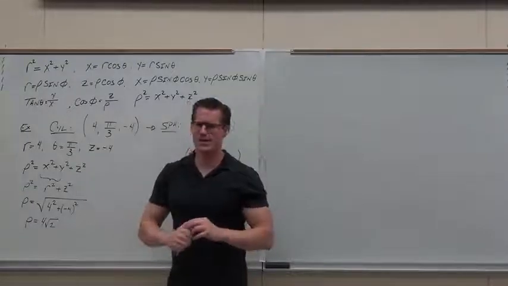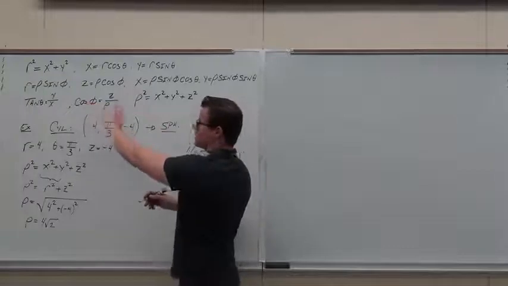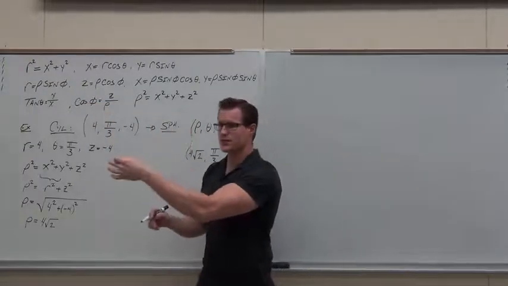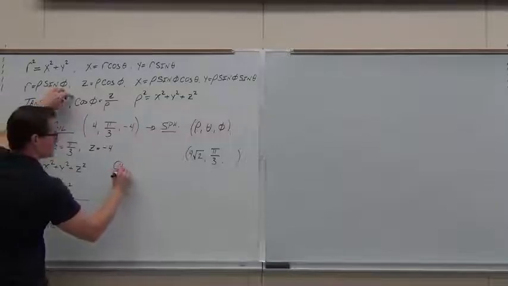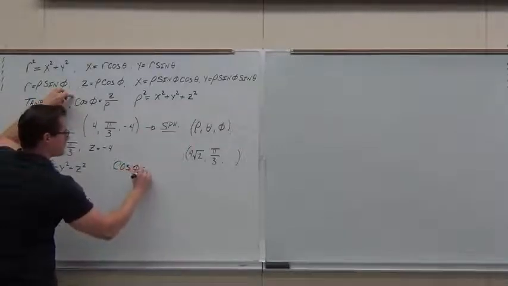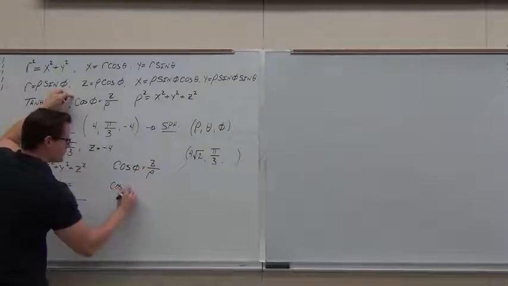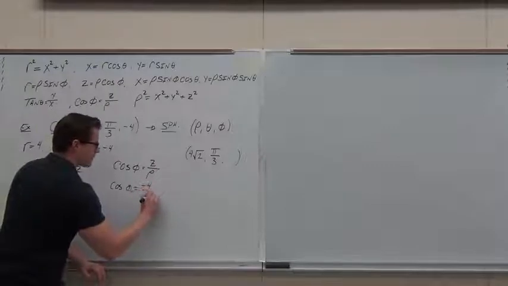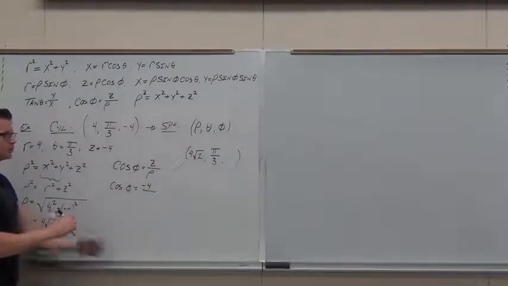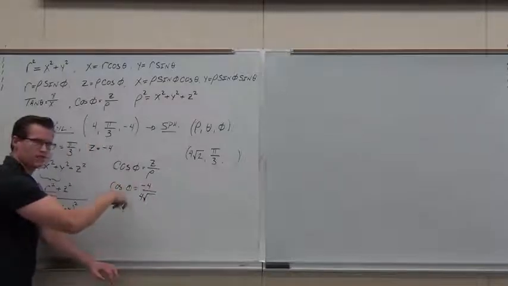Pick one. I don't care, as long as you're getting something that allows you to solve for phi based on the information you're given. I'm going to use this one. So this says negative 4 over, hey, I just found the rho. We talked about how to find phi. You have to find rho first.